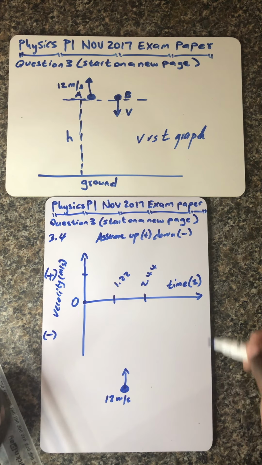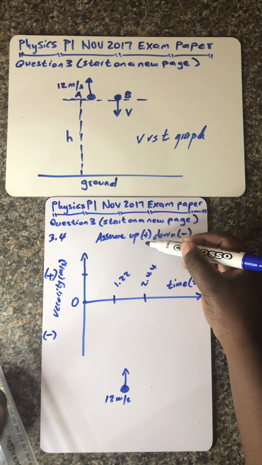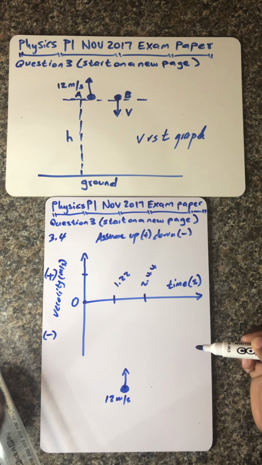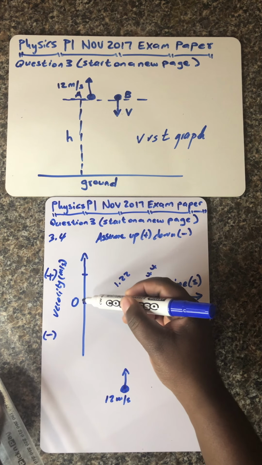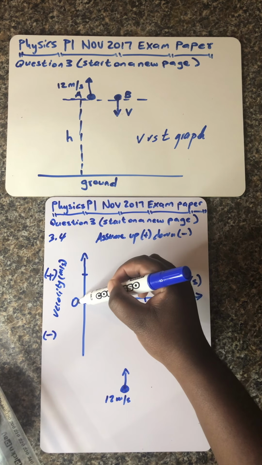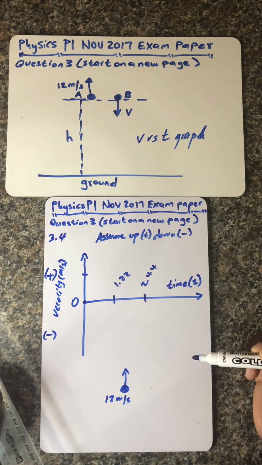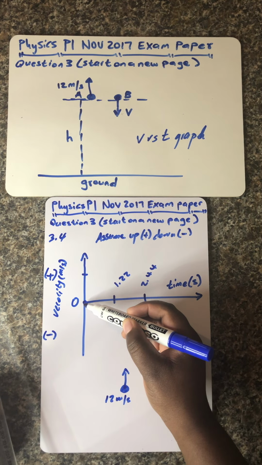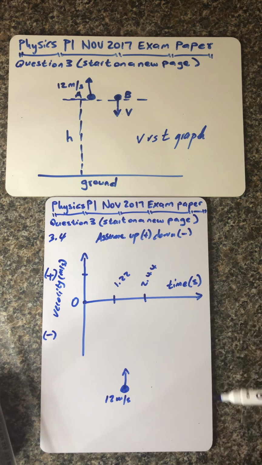Why on the positive? Because for objects going upwards, this is the side on which we represent their velocity. For objects going downwards, we'll obviously represent their velocities on this side.